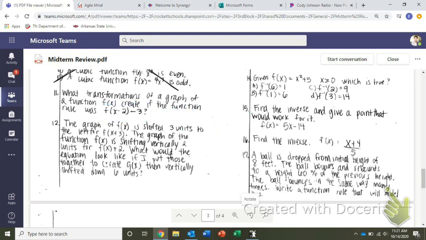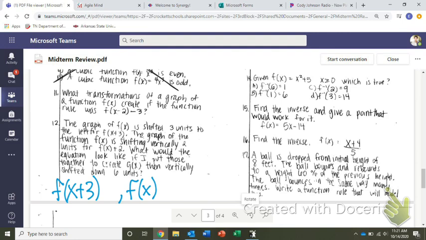All right, number 12 says first, the graph is shifted 3 units to the left. So if a graph is shifted 3 units to the left, it looks like this. Then it says that graph is shifted down. Oh, I messed up when writing this.